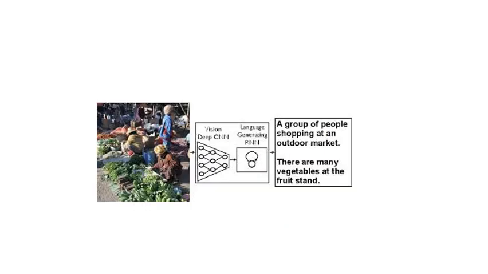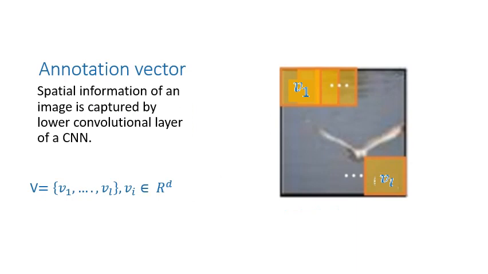This model, for example, takes this image as input and produces a caption of this form: a group of people shopping at an outdoor market. So it explains what this image is, right? So how do we do this?